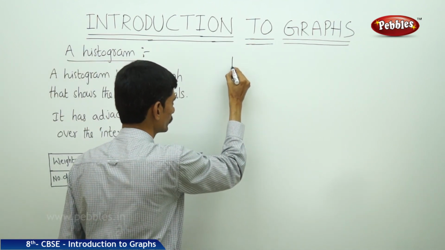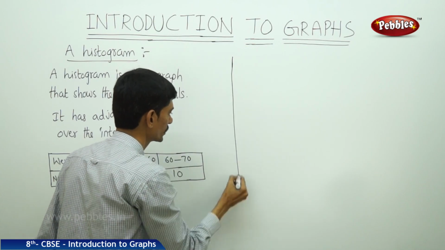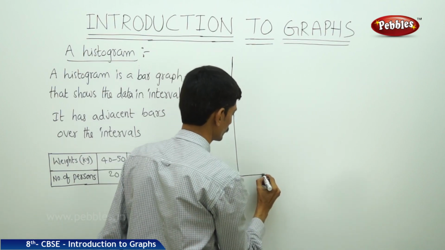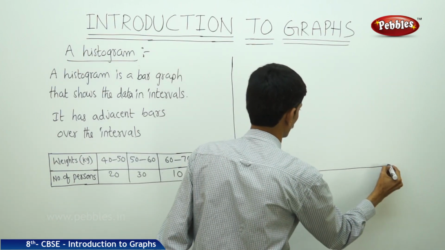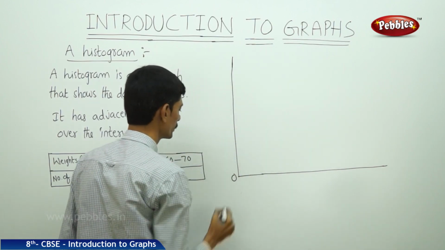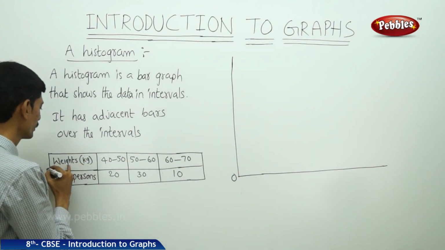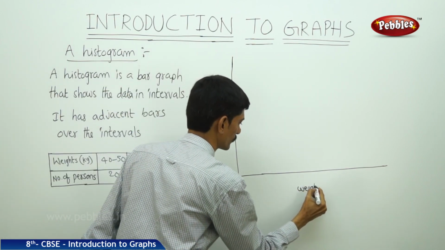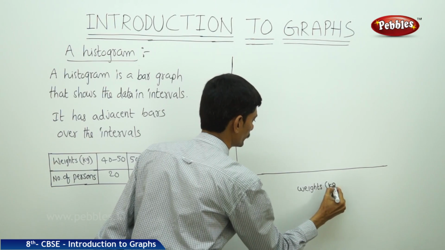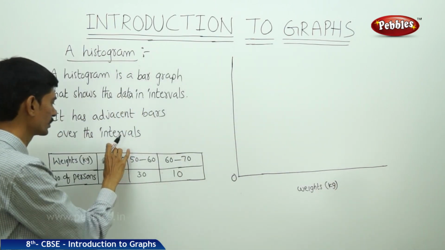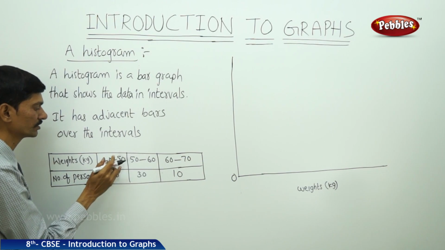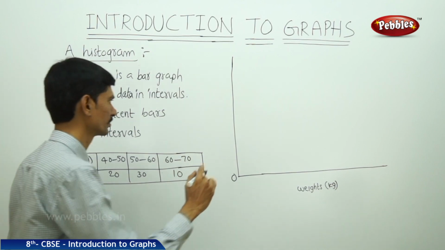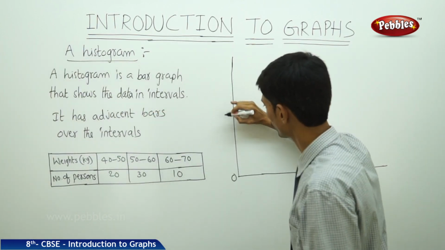We will take two lines, one vertical and one horizontal. On the horizontal line we take the intervals, meaning weights in kilograms. These weights are called class intervals, or simply classes. And on the vertical line we take the number of persons.